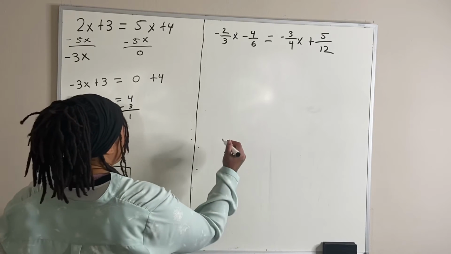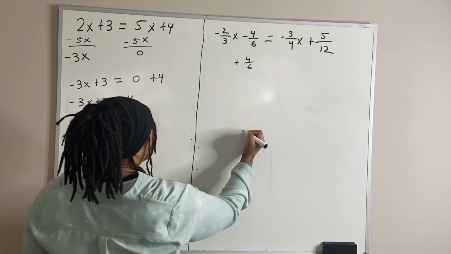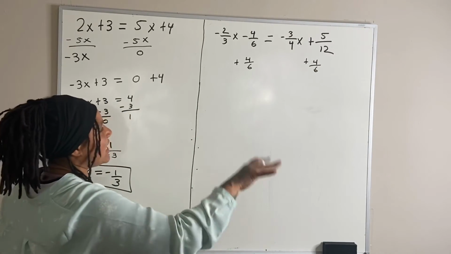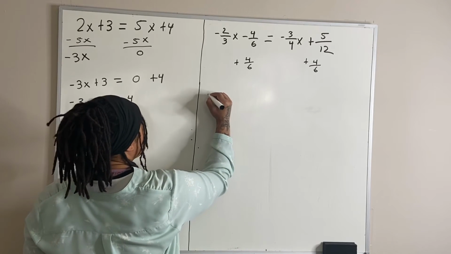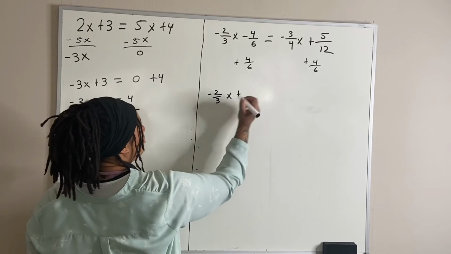So that means I am going to add 4/6 to both sides. So I'm just going to rewrite that out. So that's going to be negative 2/3 x plus, this becomes a 0, right?